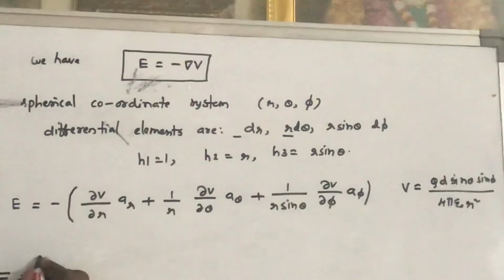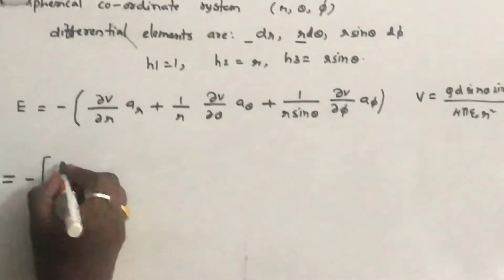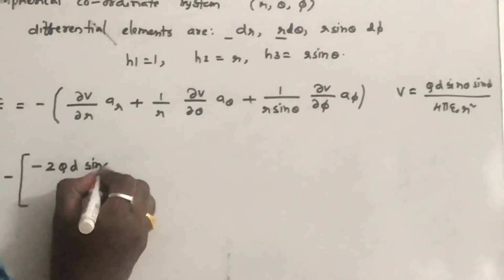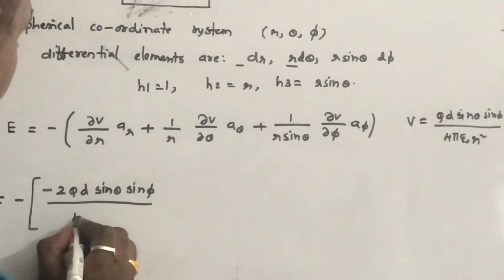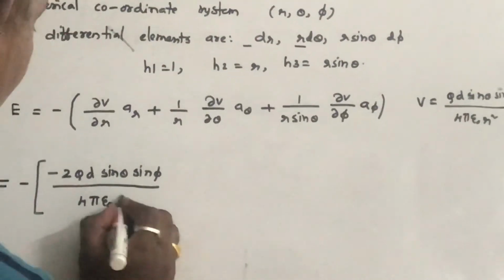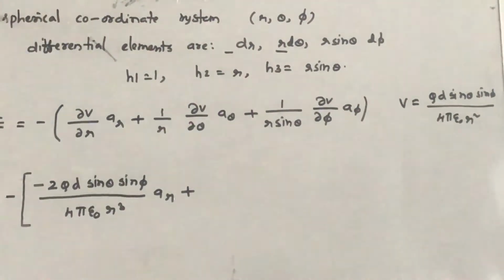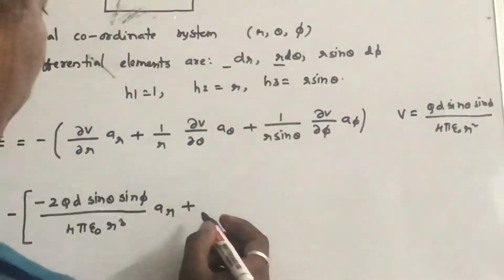So what is minus dou V by dou r? It is nothing but minus 2 Qd sin theta sin phi by 4 pi epsilon naught r cube into a_r, plus 1 by r dou V by dou theta. What is dou V by dou theta?